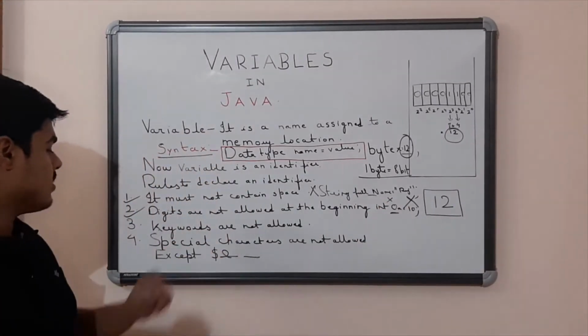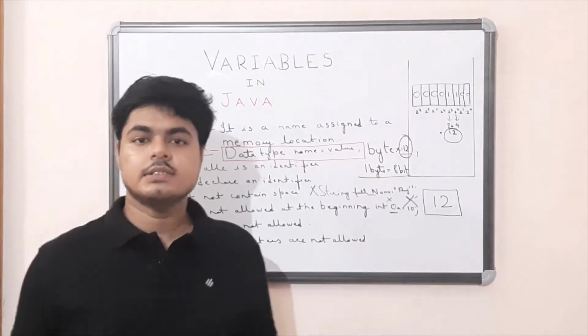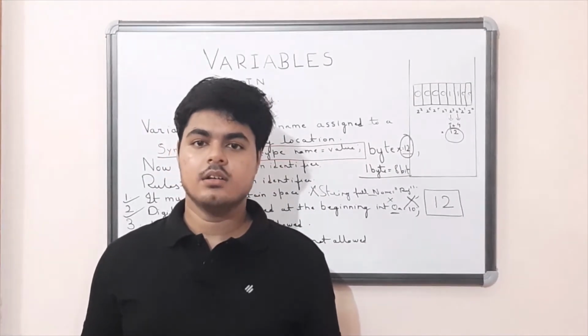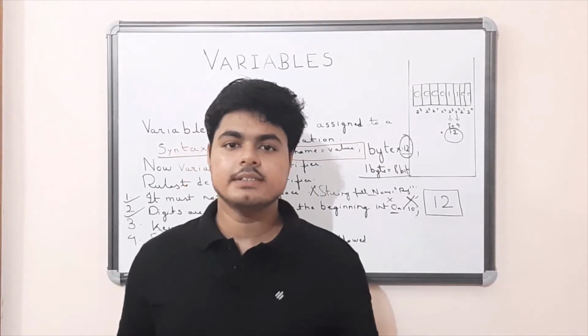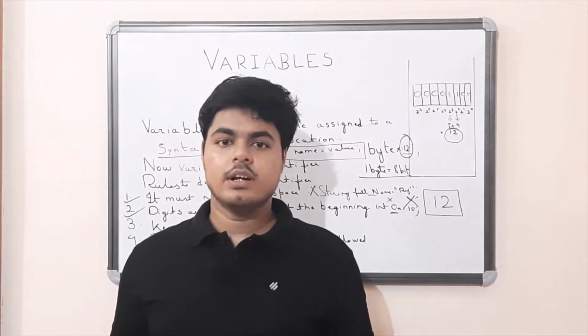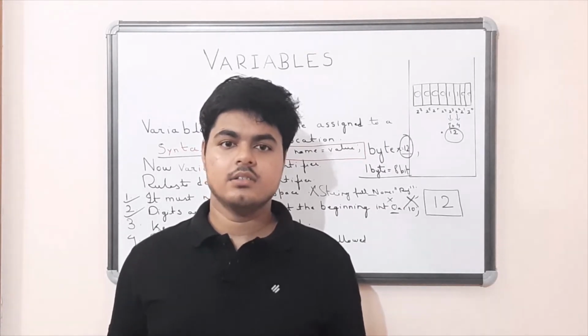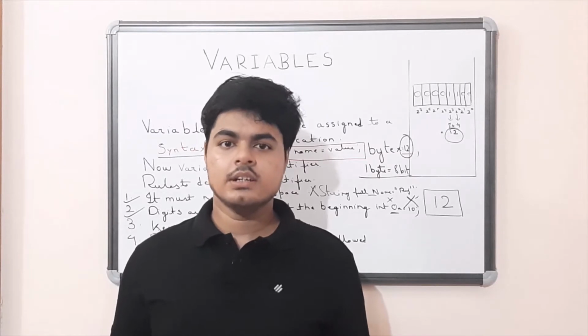Now keywords are not allowed. Keywords are certain words that have predefined meaning to the compiler. Now in Java there are several keywords like volatile, int, char, then static, final, synchronized. These are keywords.